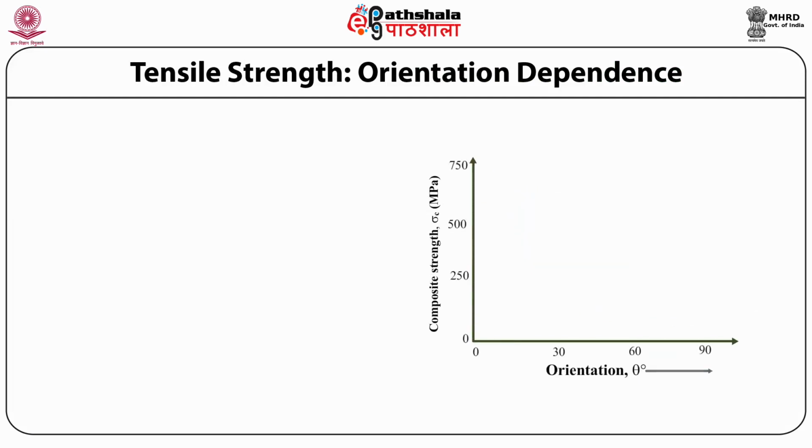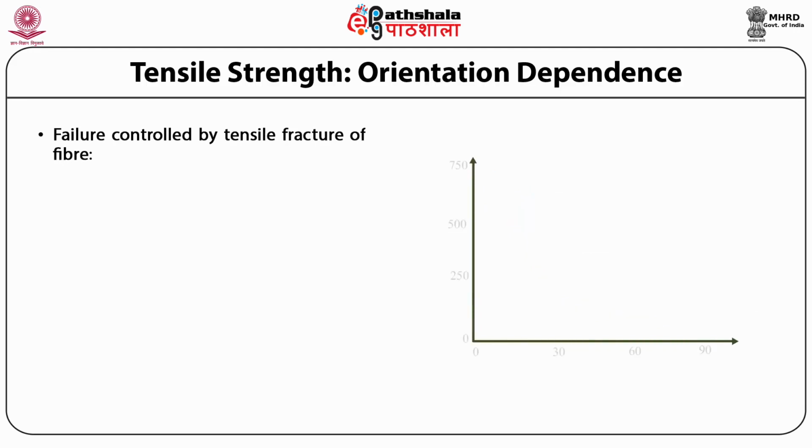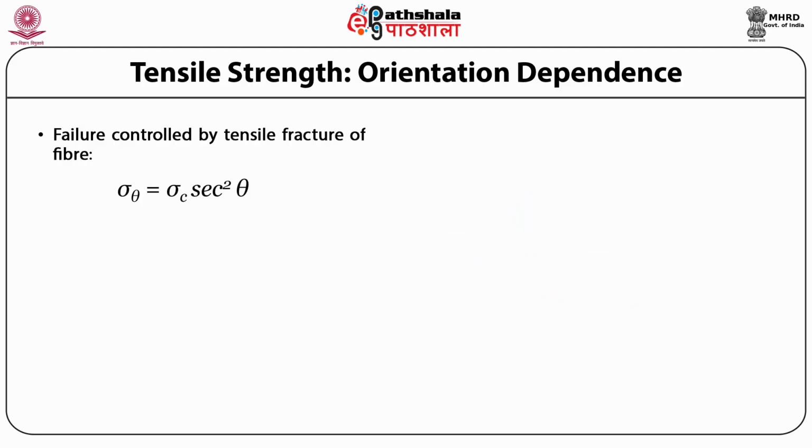We have already discussed that the failure of the composite can be classified as: first, the failure controlled by tensile fracture of the fiber, that is sigma theta is equal to sigma c sec square theta.